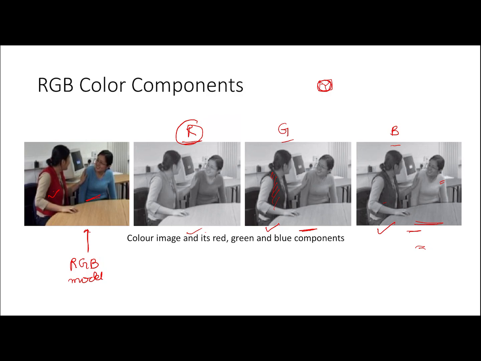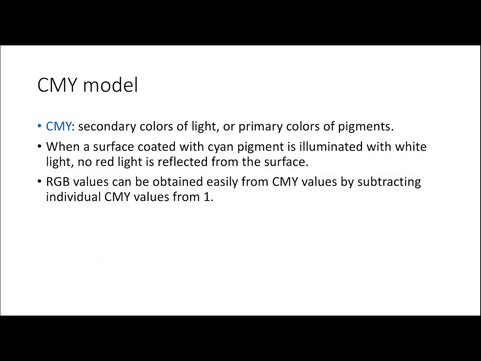Now, as we have said, this RGB color model is useful for display purposes, but when it comes to color printing, the model which is used is the CMY model, or cyan, magenta and yellow model, which can be very easily generated from the RGB model.